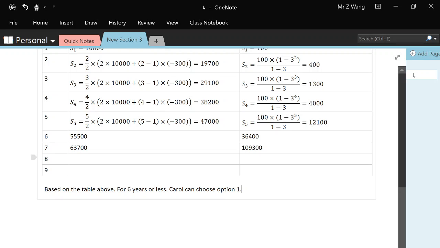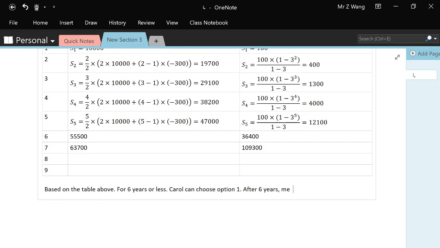Because it gives you higher investment. Okay, but after 6 years, right? This meaning 7 years or more, then Carol's best choice is option 2, right?